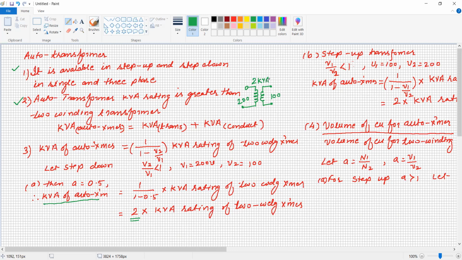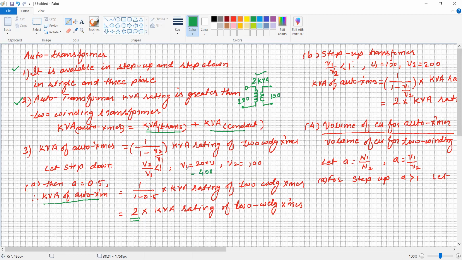Let the kVA rating be given as 2 kVA. Then the auto transformer kVA rating is equal to 4 kVA. Isn't it? 2 kVA is because of the transformer action, whereas 2 kVA is for the kVA conducted. Suppose the relation of V1 and V2 is 400 volt and 100 volt.